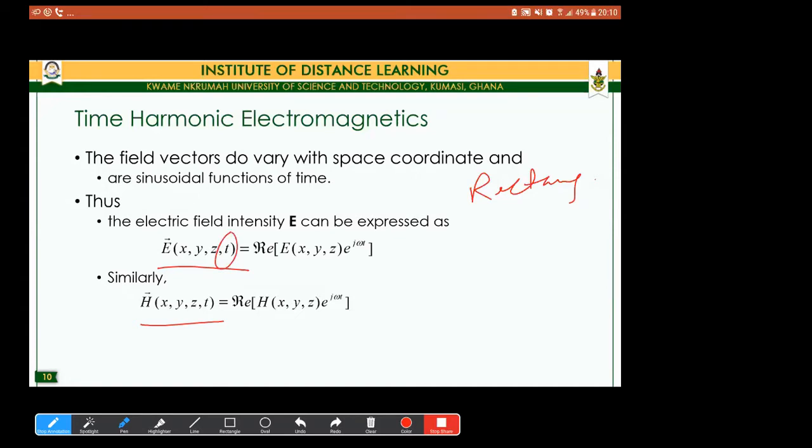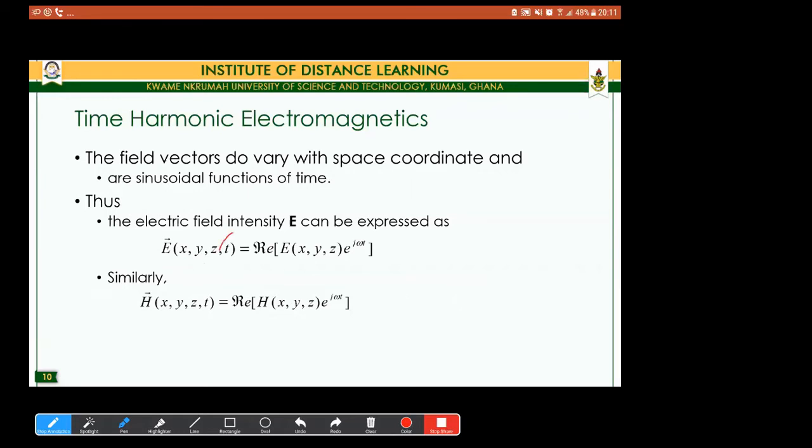So there are 4 variables to every one of those field parameters. So whether it is the electric field intensity, the magnetic field intensity, or the magnetic flux density, they vary in the direction of x, y, and z, and they are also a function of t.